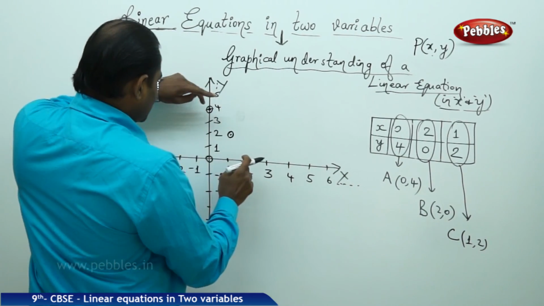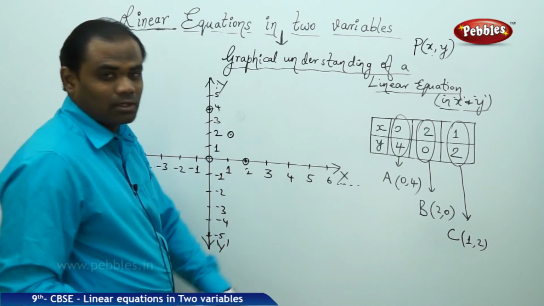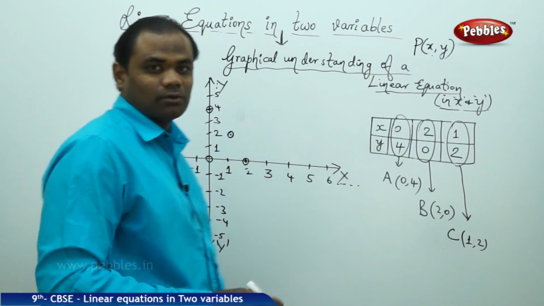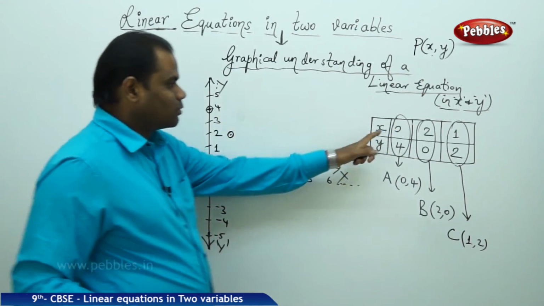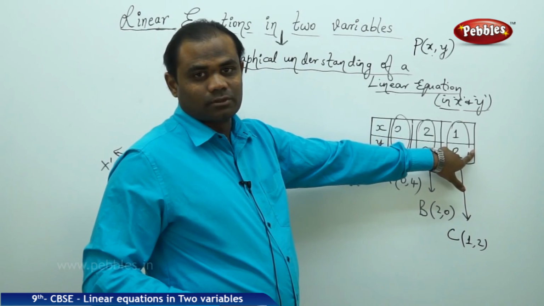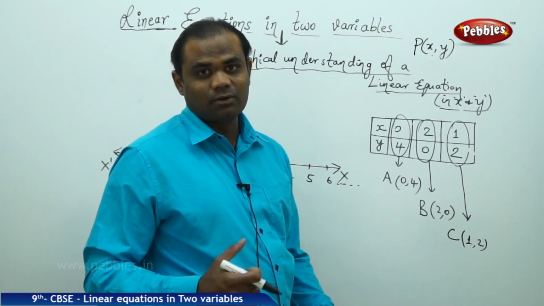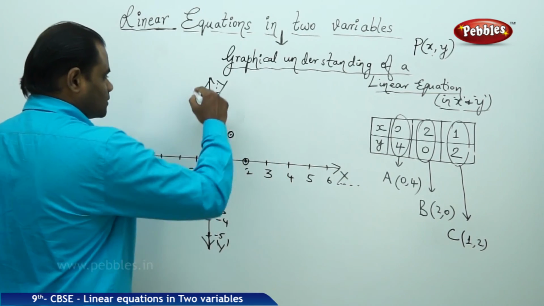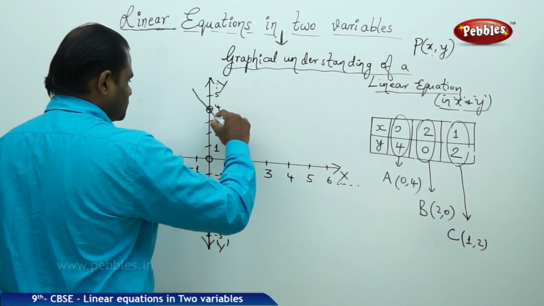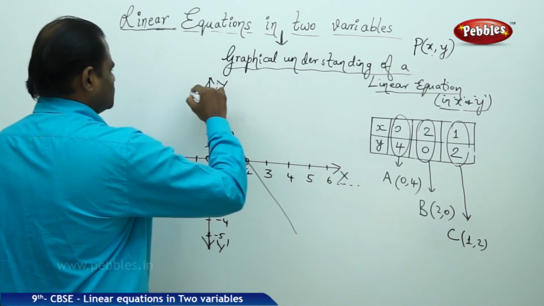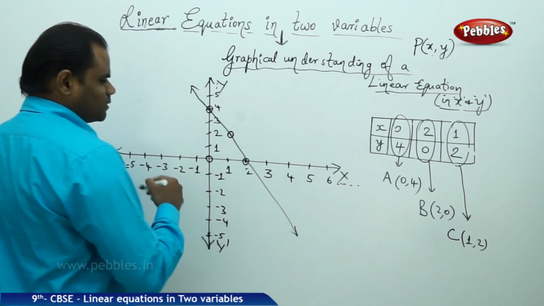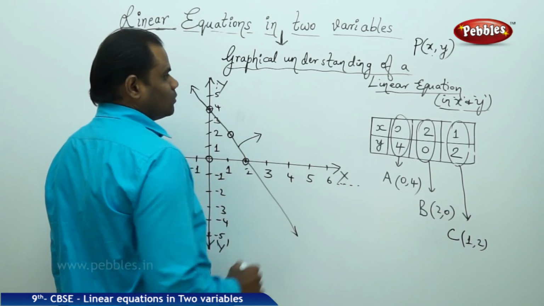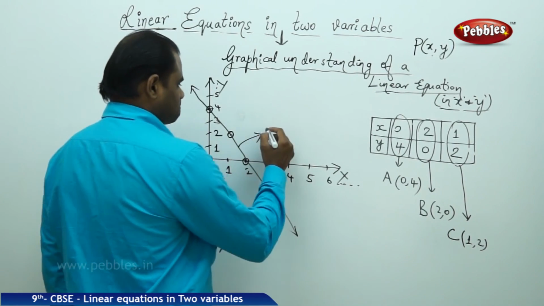Now, as we know, when these two points are joined through a ruler, I get a straight line. The third point is only for verification that it also passes through the line, or else this would be a wrong equation or something is wrong with the values. That is how we cross-check through the verification process. So now it is about joining the line. Here is the line which I get for the given equation.